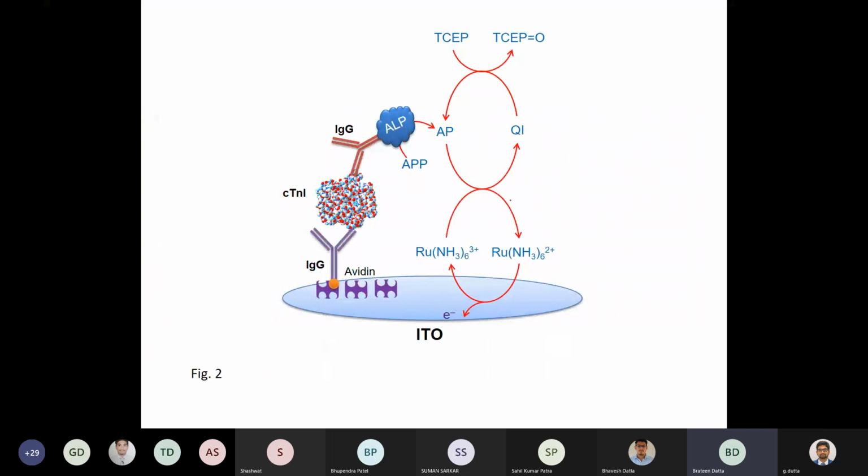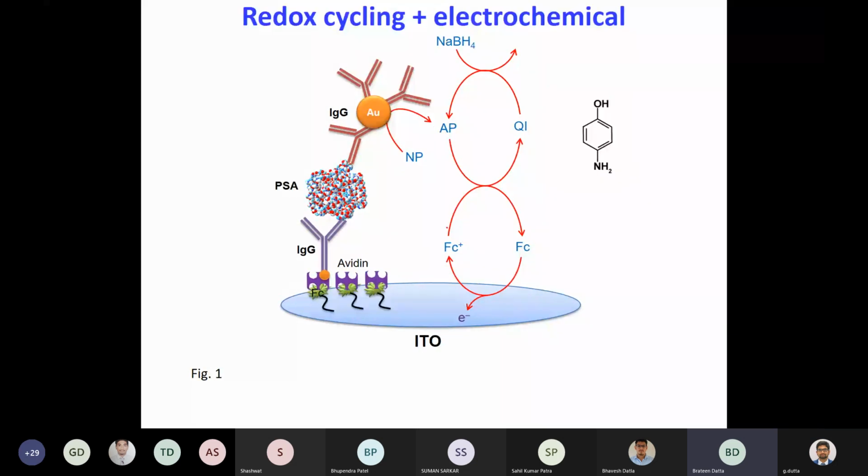What if that does not happen, if Thi is oxidized to Thi-O, and Fc plus is reduced to Fc? Then this middle thing will not work. So how can we be sure that this quinone to aminophenol reduction reaction is working? Suppose instead of sodium borohydride, let's say it is Thi.